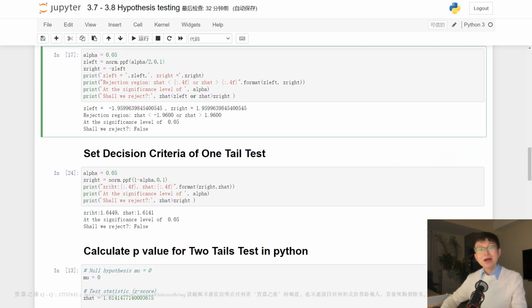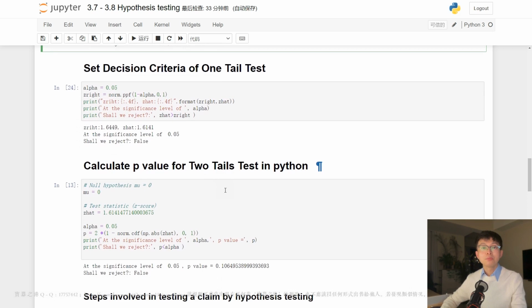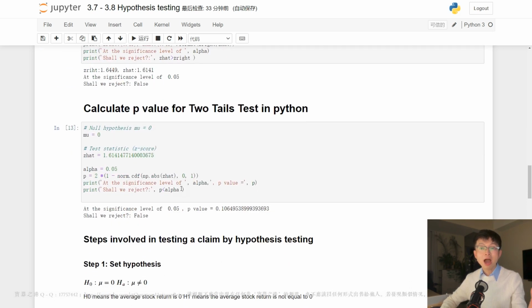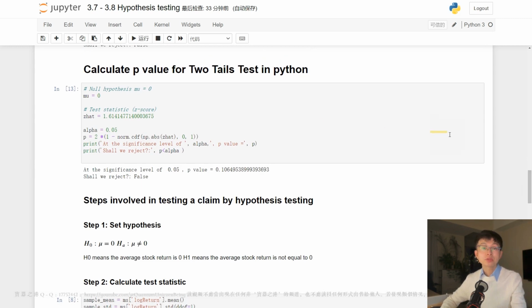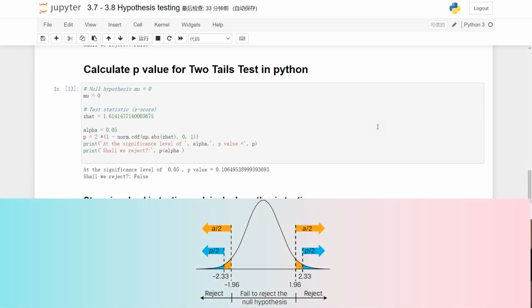And a more prevalent method of hypothesis testing involves the computation of the p-value. We recognize that assuming the null hypothesis is correct, the standardized sample mean follows a z-distribution. What is the likelihood of this distribution taking a value more extreme than the observation in our given sample?